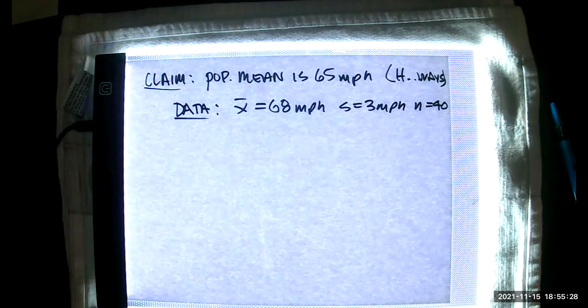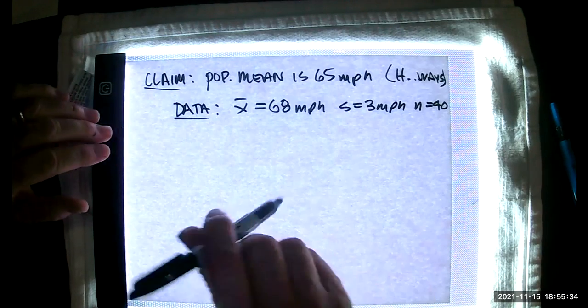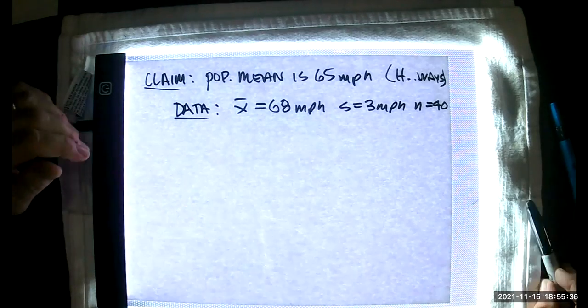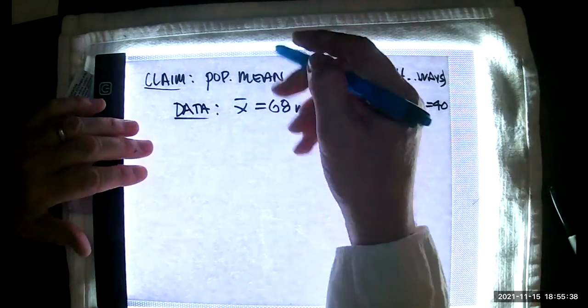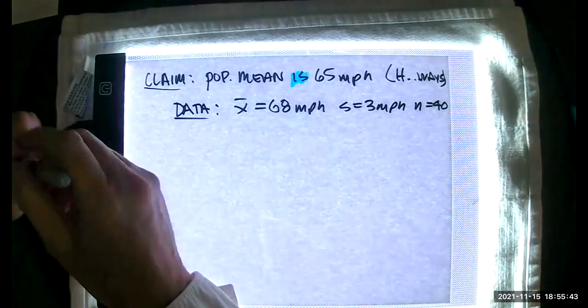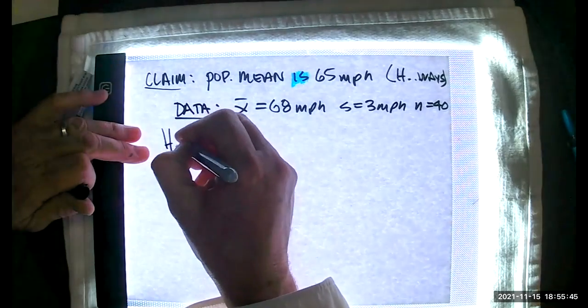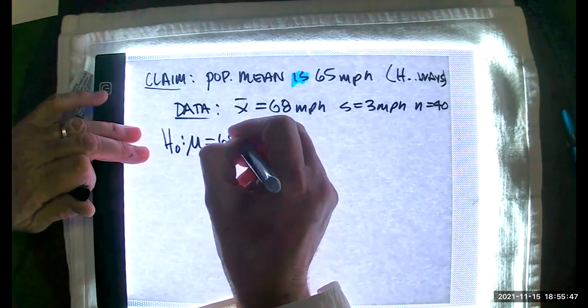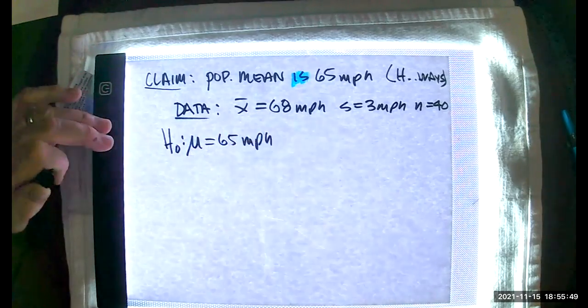Find the test statistic. So I need my mean, I need my null and my alternative. Well, I really just need my null hypothesis. Sometimes they're given to you directly. Sometimes you've actually got to translate them. So there we go.